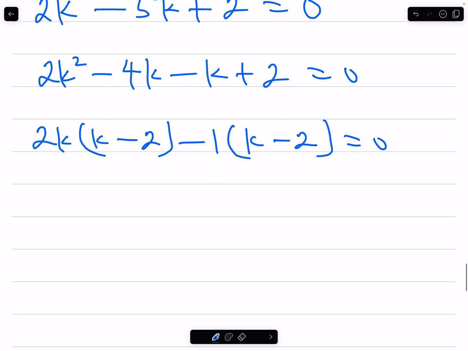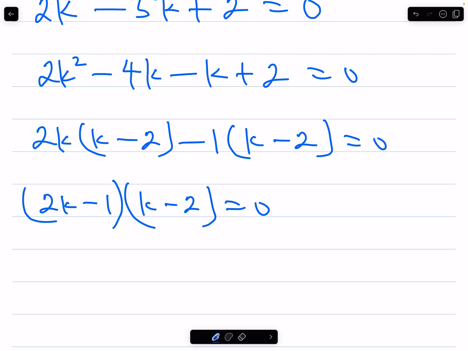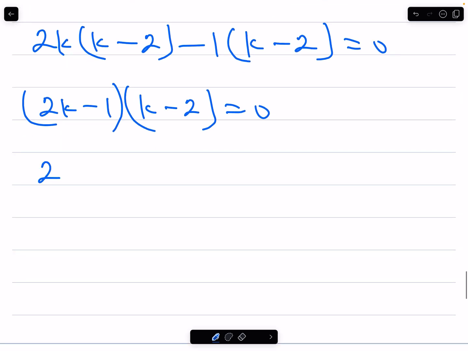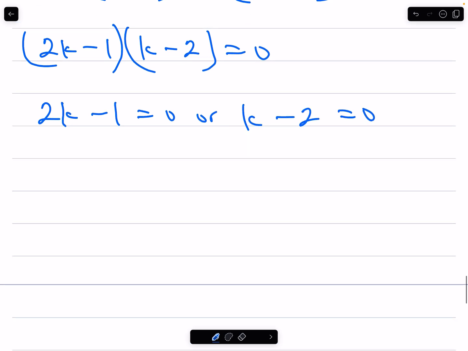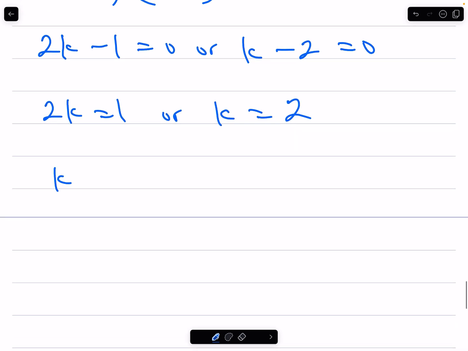That's the same as 2k minus 1 times k minus 2 equals 0, which means 2k minus 1 equals 0, or k minus 2 equals 0. That means 2k equals 1 or k equals 2. If 2k is equal to 1, then k is equal to 1 over 2, or k equals 2.